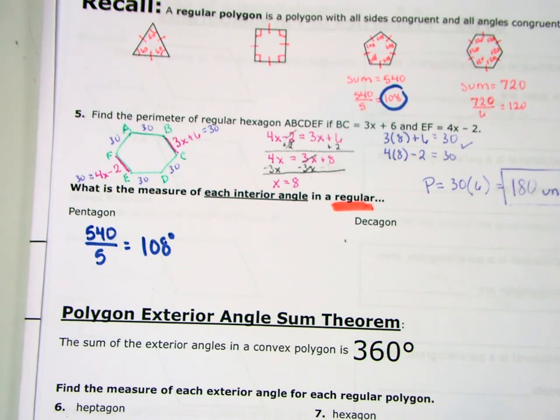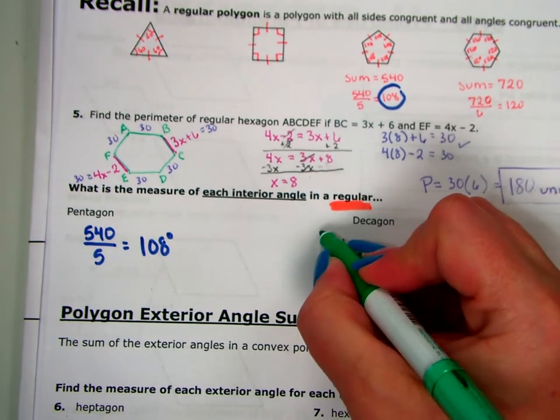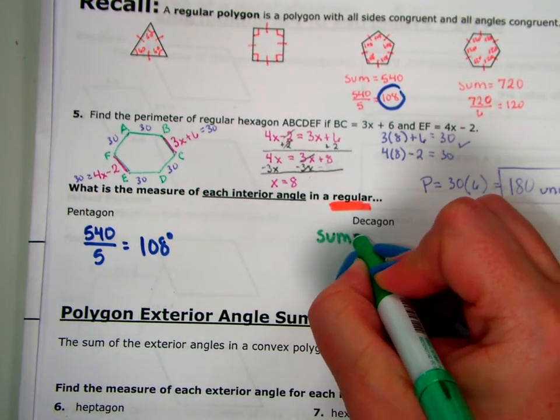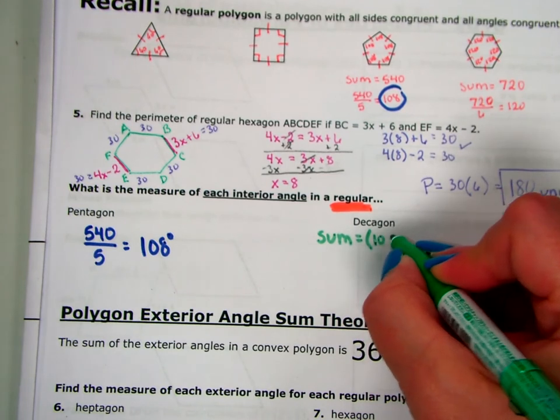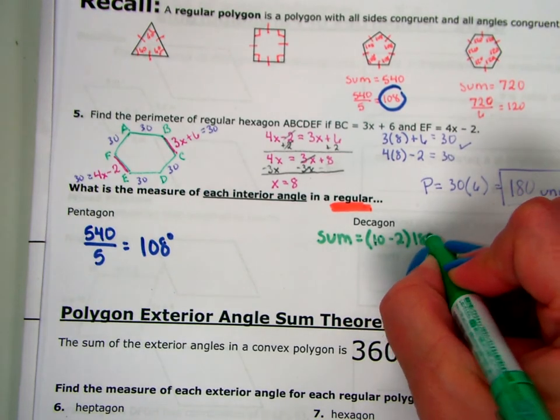Okay? The next one is a decagon. So the first thing I need to do is figure out what all the angles add up to. We haven't done a decagon yet today. So I need to figure out the sum for my decagon first. Which we know a decagon has how many sides? 10. Take away 2 times 180.